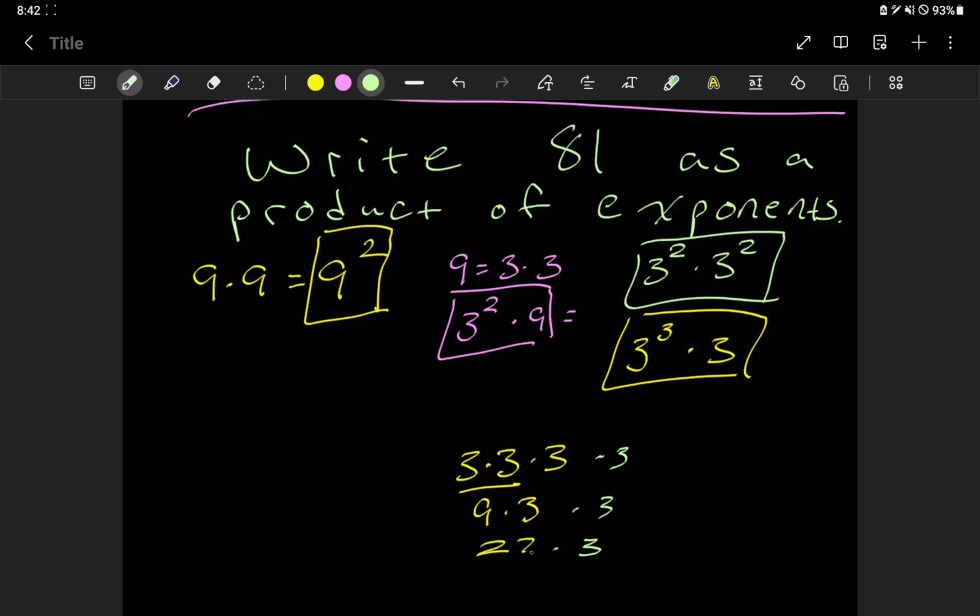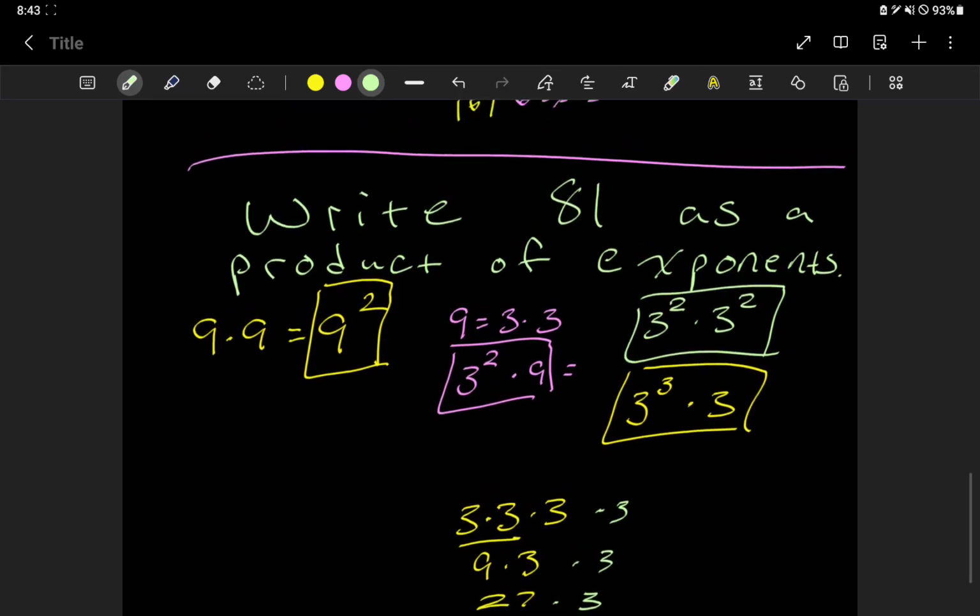And 27 times 3, 3 times 7 is 21, carry 2, 3 times 2 is 6, plus the 2 I carried is 81. Okay, that's still 4 3s. 1, 2, 3, 4. And so that's 4 different ways I can write it.